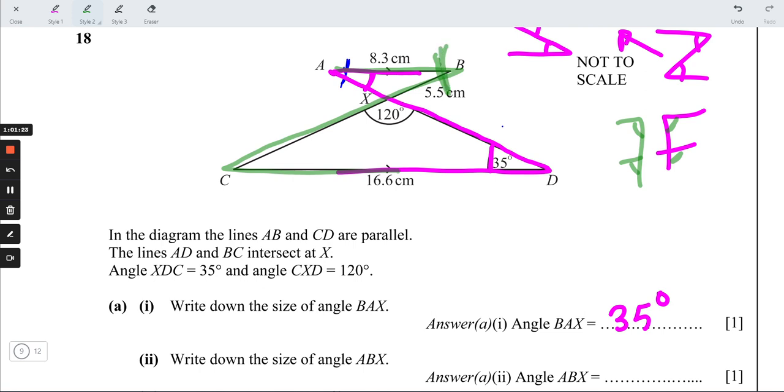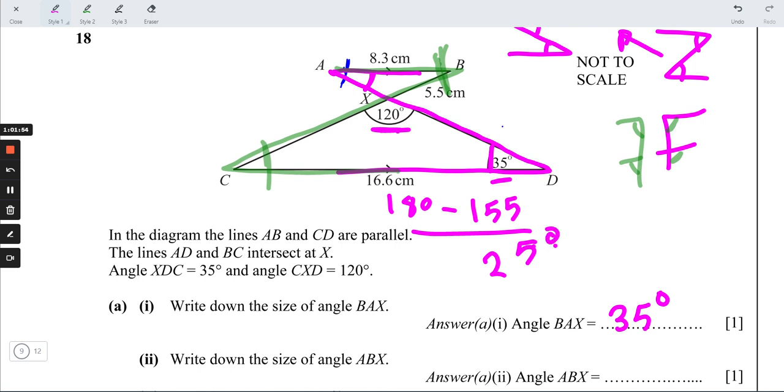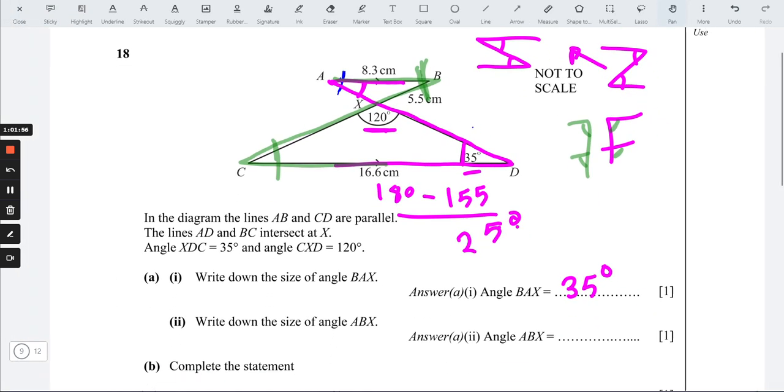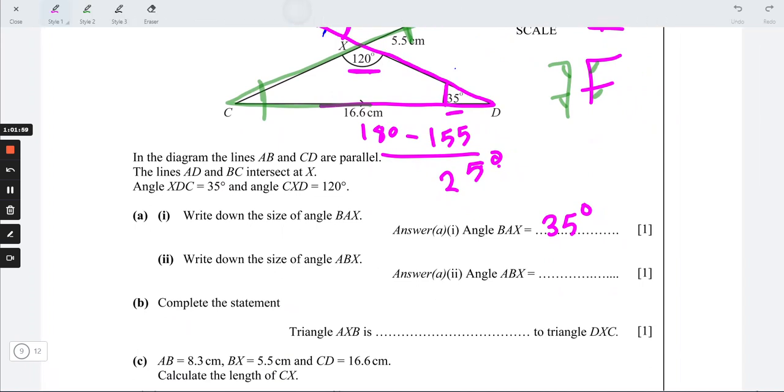So this angle is equal to this angle, and it is easy to find out because we have a triangle, and one angle is 120, one angle is 35, so add them up, you will get 155, and we know that angles in a triangle add up to 180, so 180 minus 155, 25. Yeah, 25 degrees. So the angle here is 25 degrees.